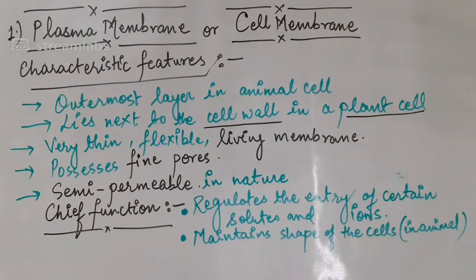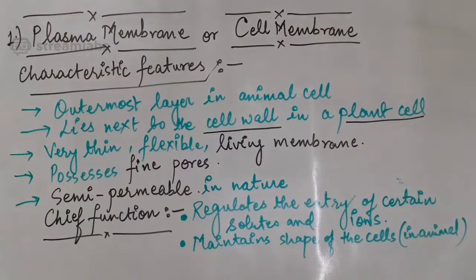This is made up of dead cells, or you can call it cellulose, which is a complex carbohydrate. This is the first cell organelle which is found in both the plant and animal cell.